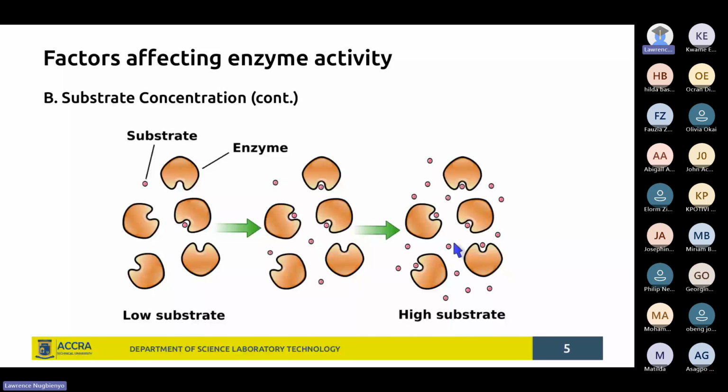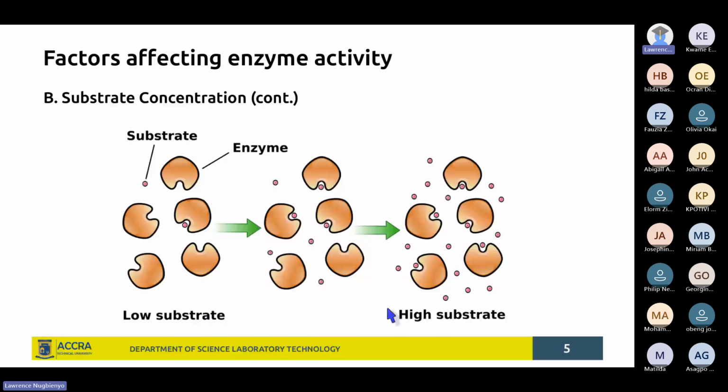It will be constant, which is why you see the flattening of the curve. See that the rate of the reaction becomes constant at that point, like you have reached the maximum rate of reaction, and so there will not be any change even when there is increase in substrate concentration.